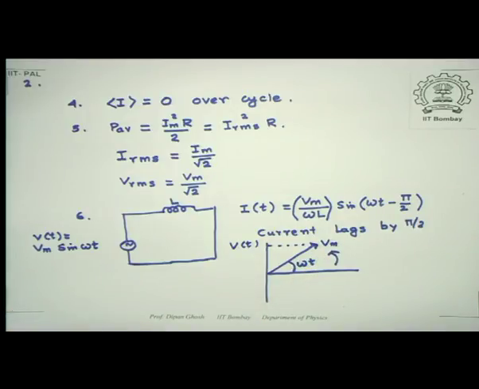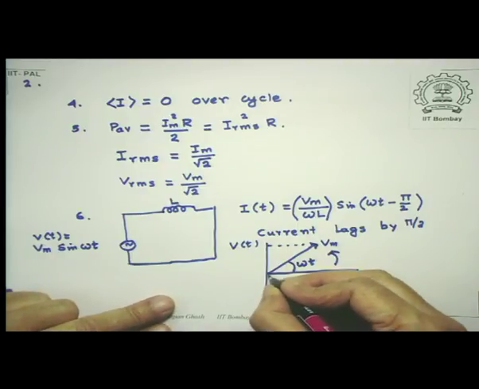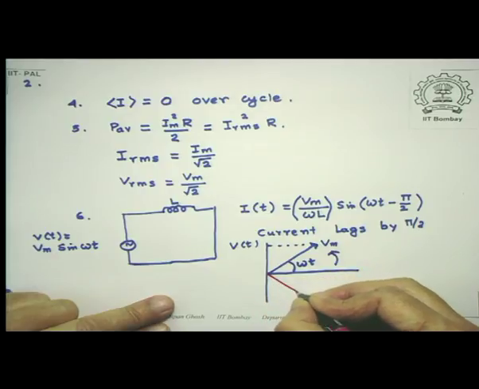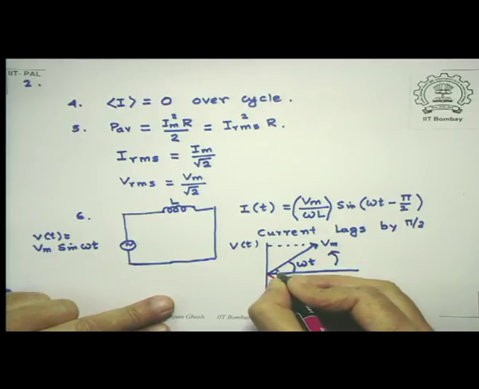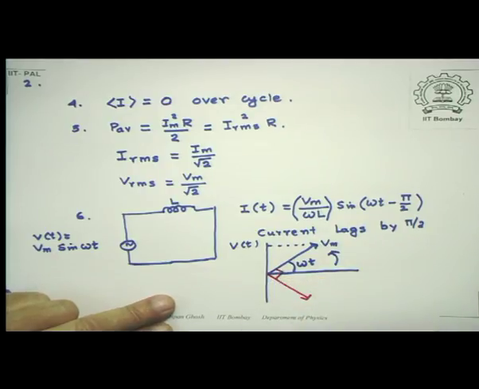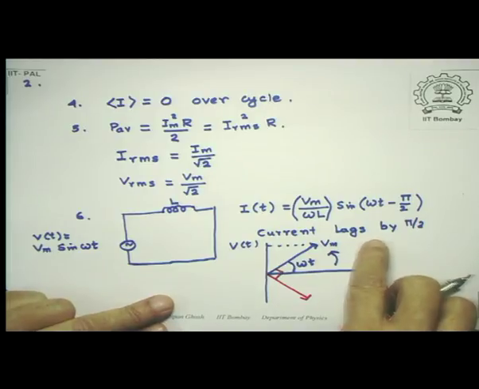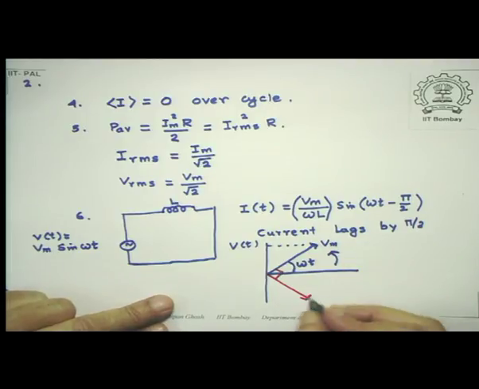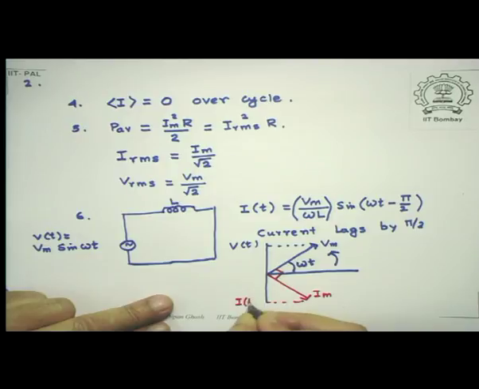Then my current would be represented in this direction, so that this angle is 90 degrees. This is showing you that it is lagging behind the voltage by 90 degrees. The length of this vector is I max, and this is your instantaneous I of t.